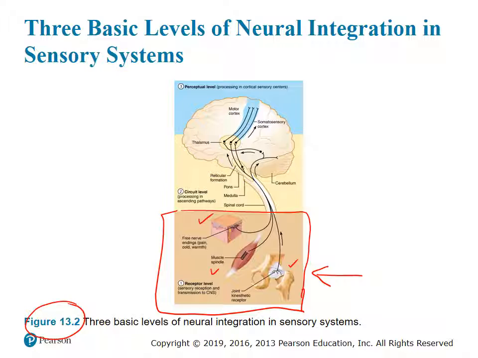There's the free nerve ending at the skin level, and you'll see it right at the dermis, where you see the papillary. That's where the black lines really begin, right there in that circle. You see the muscle spindles, those black kind of circles, and in fact they're surrounding muscle fibers right there.